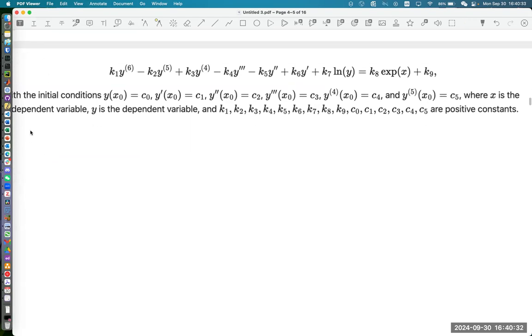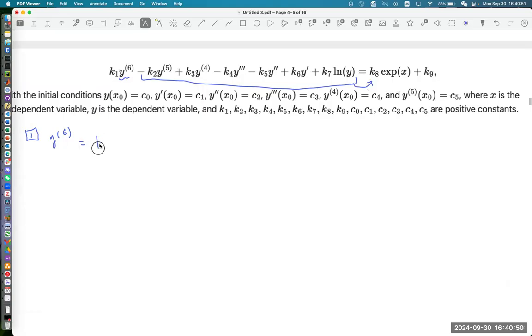So if we want to rewrite this in terms of a system of first order ODEs, the first thing to do is to rewrite in terms of y of 6. So y of 6 is equal to everything we bring to the right. So this whole thing we move to the right.